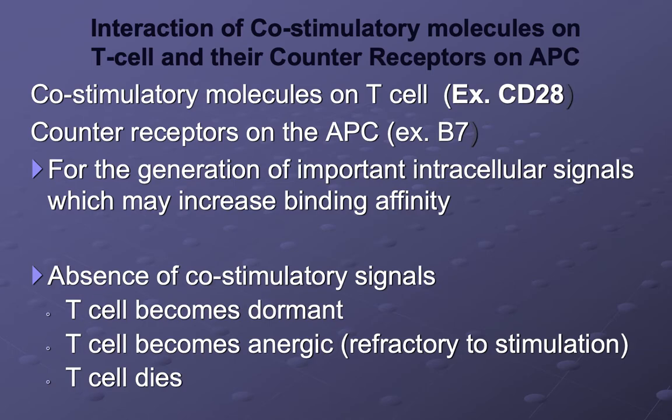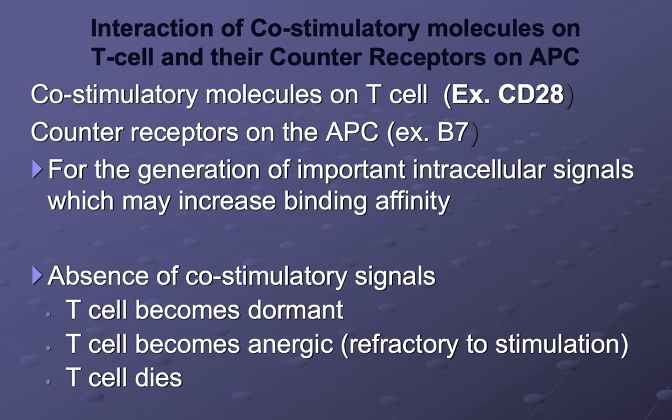Now, even though the APC presented the peptide MHC complexes to our T cells, in the absence of these co-stimulatory proteins, T cells may still be dormant. They will not really activate.